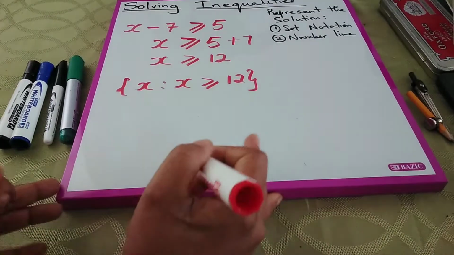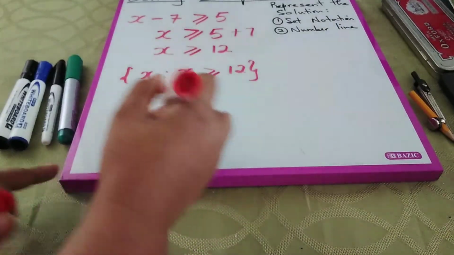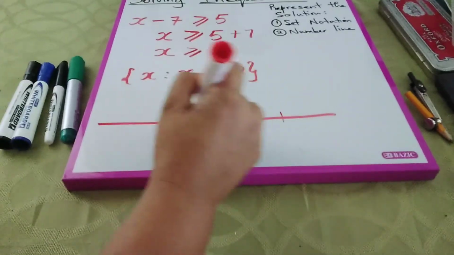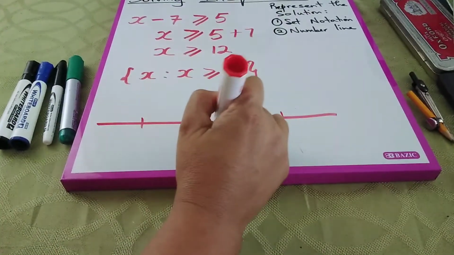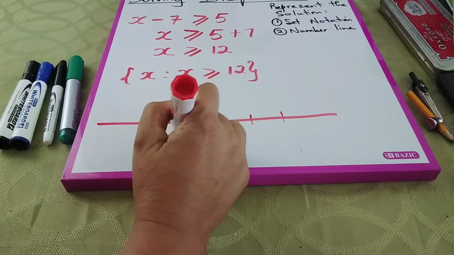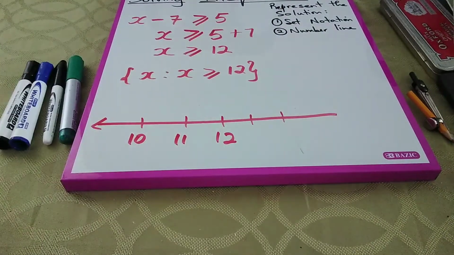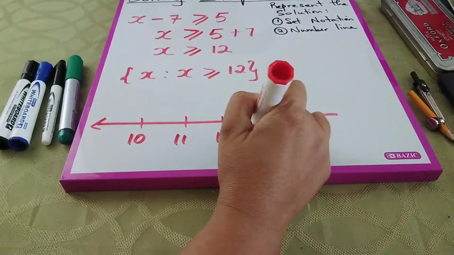Now we need to draw the number line. As I said before, you don't need a lot of this. So we want to put a value or two less than it and a value or two greater than it.